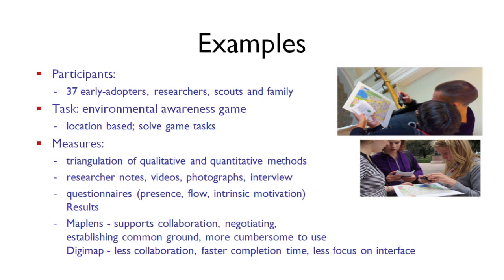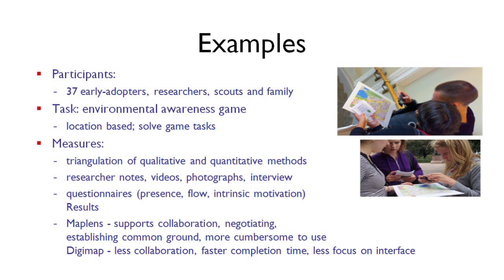It was also a good example for triangulation of different methods. They combined the observations they gathered through the videos with questionnaire data as well. It's always a good idea, as we said, to triangulate different data sources and get a more integrated picture of your question, with input from, here, for example, qualitative data and quantitative data through questionnaires.